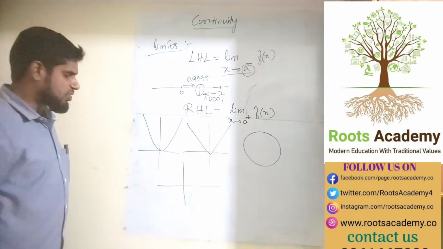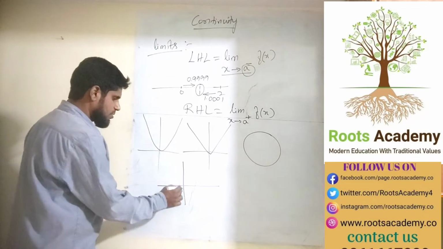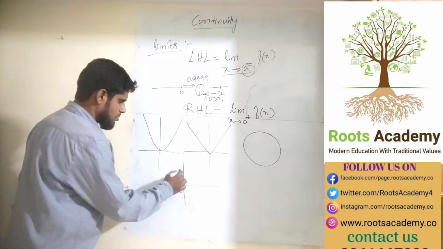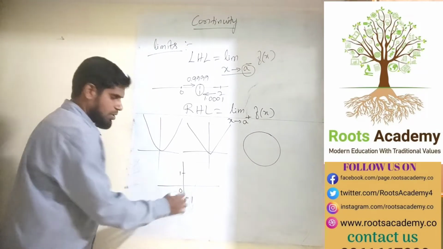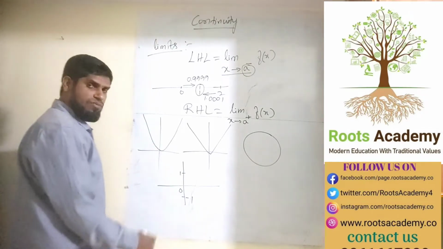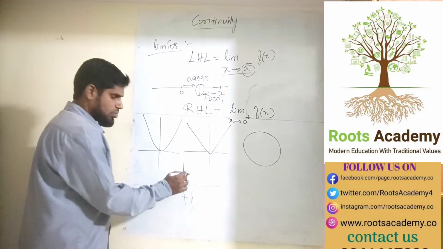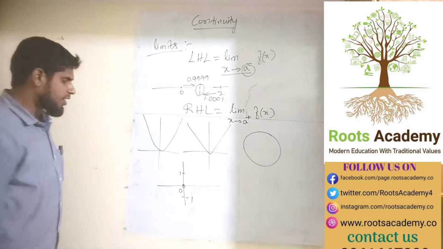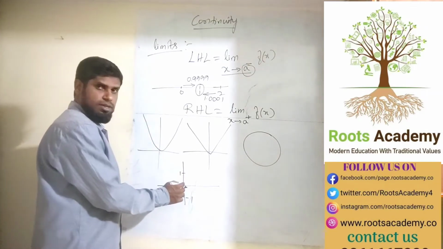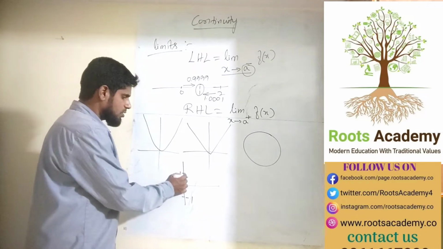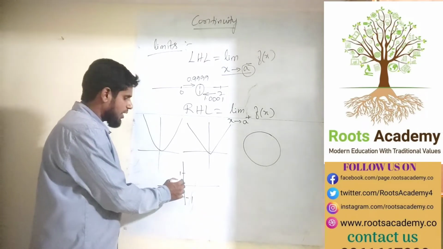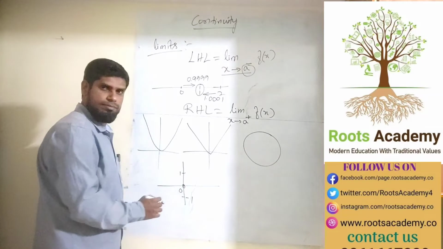But when it comes to the signum function graph, when I take x as 0, then it is 0. The moment I take x as 1, I should lift my pen and mark 1.